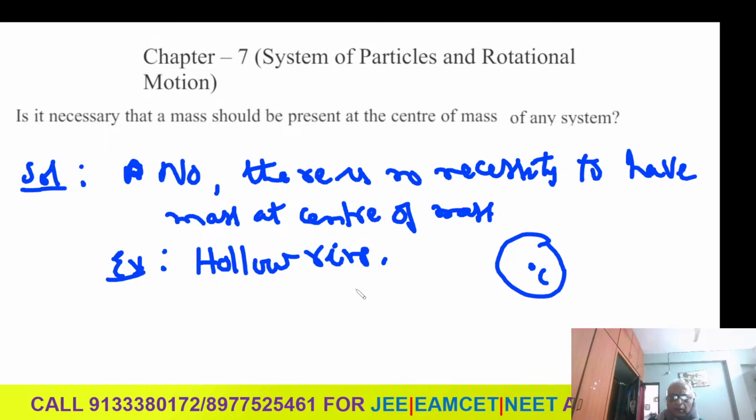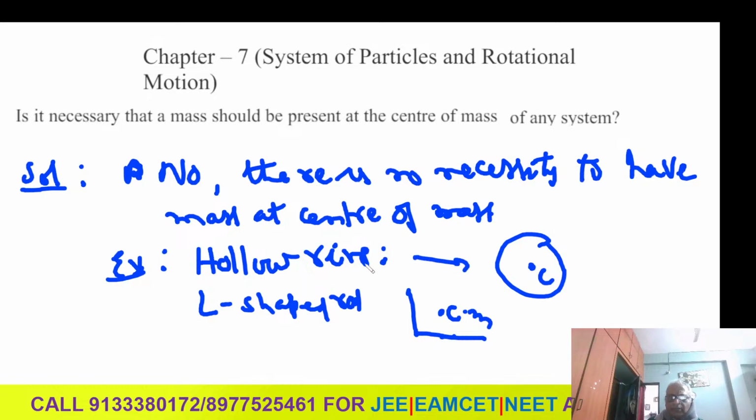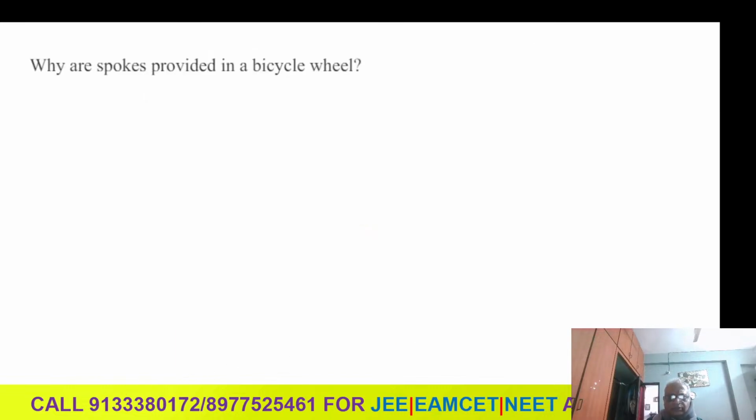So take a hollow ring, or you can take an L-shaped rod, two rods joined. The center of mass will not lie on the rod, but outside. But standardly they write hollow ring only. So there is no necessity to have mass at the center. It is a point where the entire mass of the body is supposed to be concentrated.